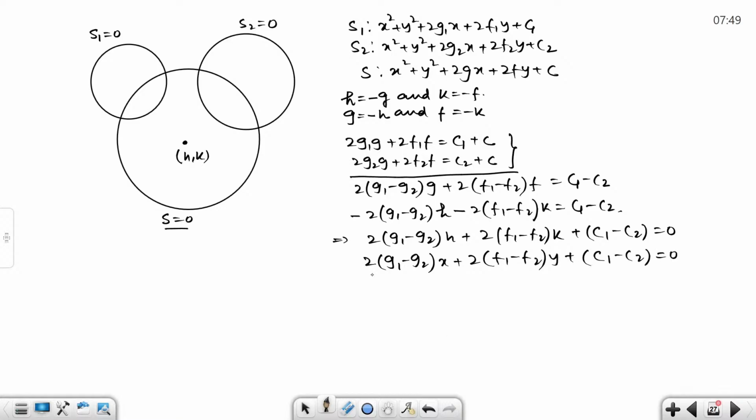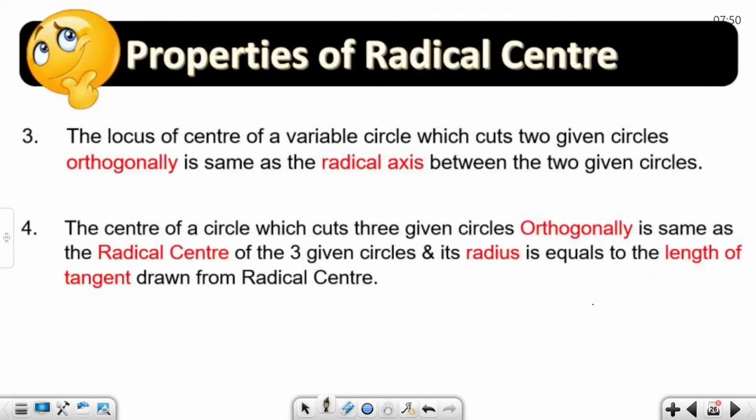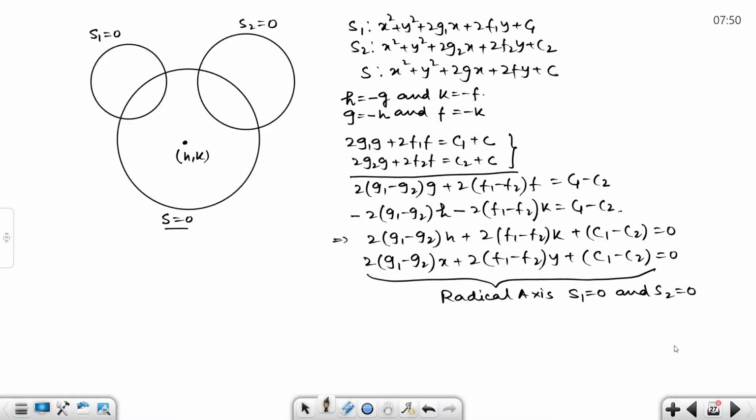right. Now we can easily see that this locus is basically the radical axis between the two circles S1 equals to 0 and S2 equals to 0. Is it clear? So the property states that the locus of the center of the variable circle which cuts the two given circles orthogonally is the same as the radical axis between the given two circles.